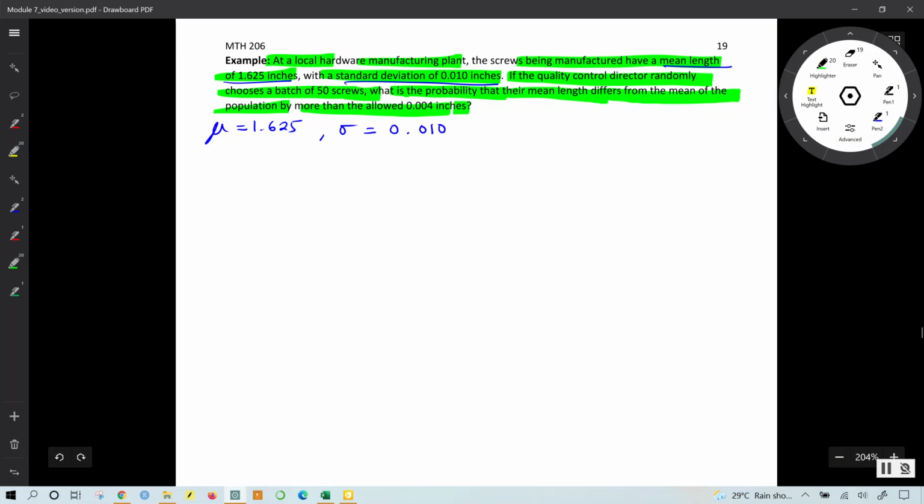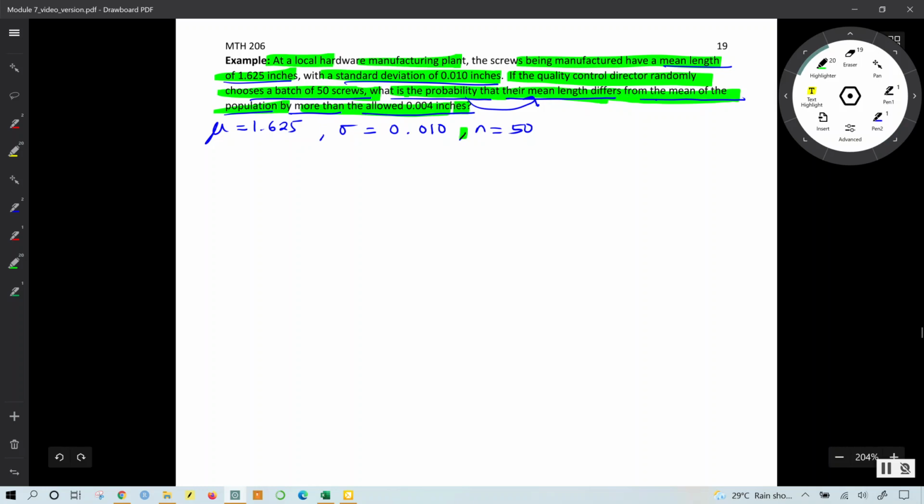inches. Now the sample size that has been selected is n equals 50 screws, and we're asked, what is the probability that the mean length, so it's a probability connected with the mean, differs from the mean of the population by more than the allowed 0.004 inches?